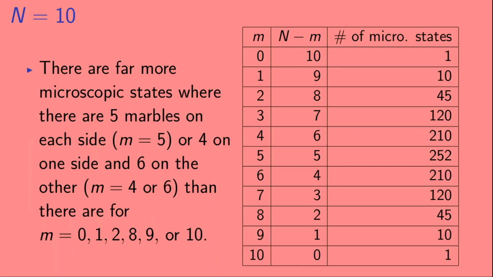There are far more microscopic states where there are 5 marbles on each side, so m equals 5, or 4 on one side and 6 on the other, so m equals 4 or 6, than there are for the cases m equals 0, 1, 2, or 8, 9, or 10.